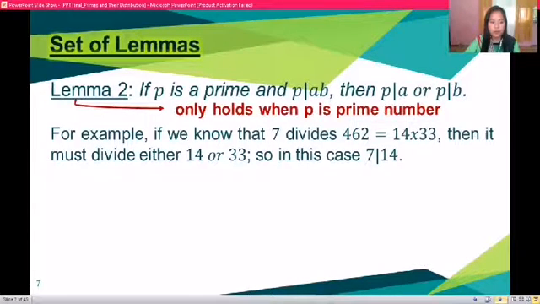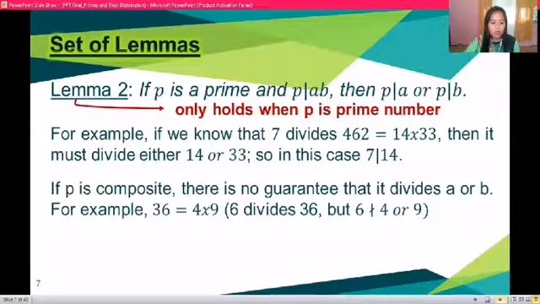We will not prove this lemma anymore. What is more important is to understand that this lemma only holds when p is a prime number. If p is composite, however, then even though it divides a times b, there is no guarantee that it divides a or b. For example, consider 36, which is equal to 4 times 9.